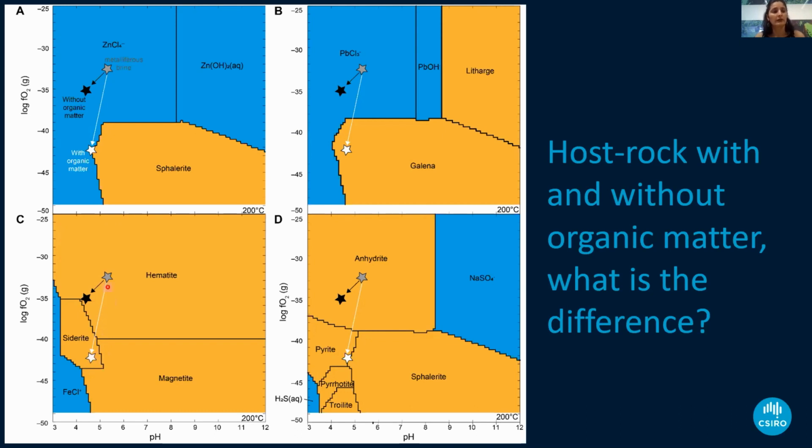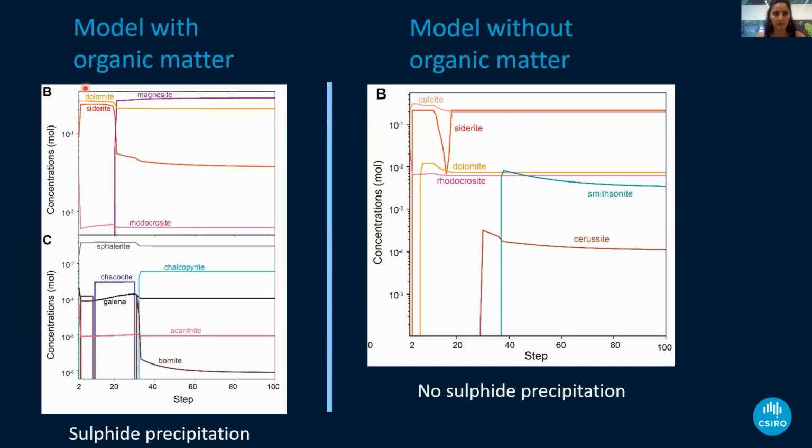However, when the metalliferous brine interacts with the host rock without organic matter, the environment remains relatively oxidized, and therefore we do not precipitate those sulfides. So again, this is the carbonate and the sulfide mineralogy that we expect for those two different models. And what we see is for the carbonates, we predict the precipitation of iron and manganese-rich carbonate towards the orebody, towards the fault.